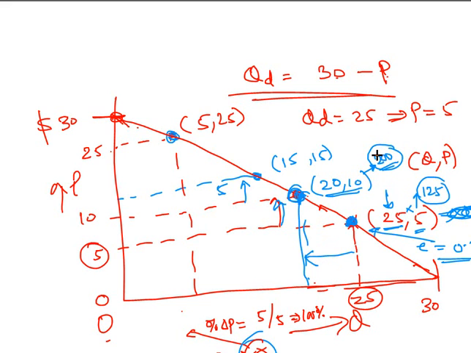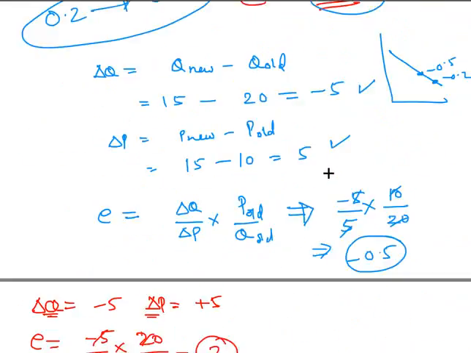Now from here, if you increase the price from 10 to 15, what is the revenue here? 15 into 15 is 225. You again see an increase in the revenue. But will it always happen that your revenue will always increase? No. It would depend on the elasticity.